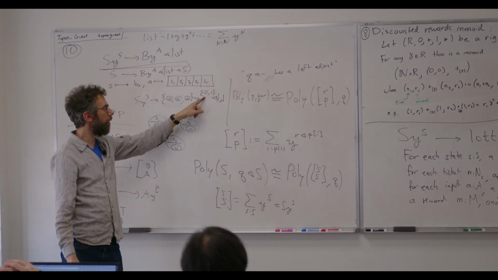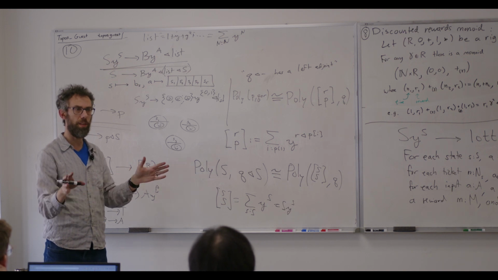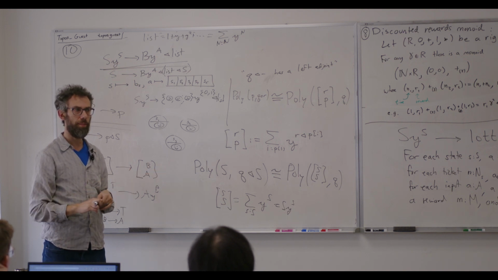And then given an input, you get a list of where to go next. Some kind of non-deterministic branching, but it has an ordering. It's an ordered non-determinism.